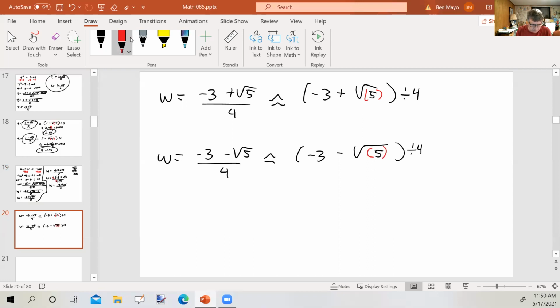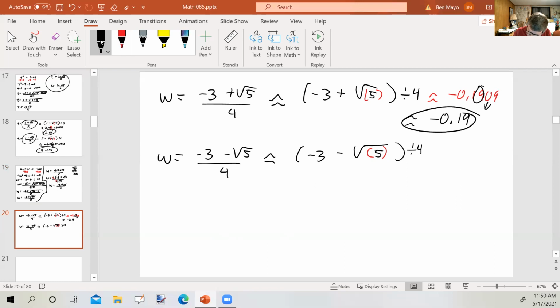Parentheses, -3 plus the square root of 5. Close it up, divided by 4. And I get, let's see here, -0.1909. Rounding to the nearest hundredth, the 9 spot, the 0 would round down. So we get -0.19. So exact answer, approximate answer.